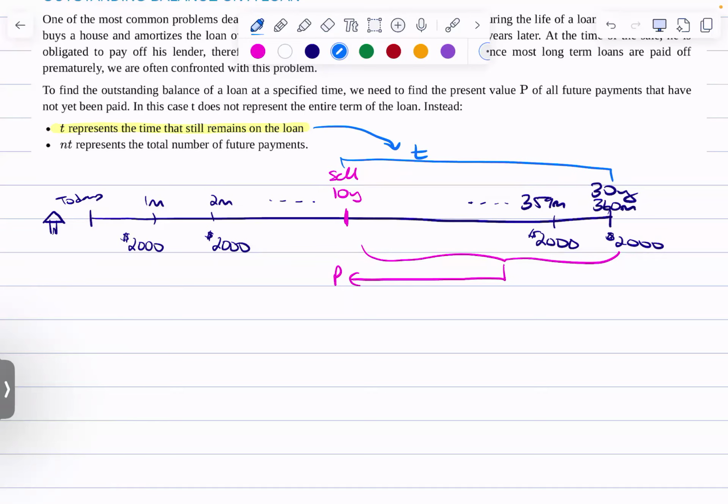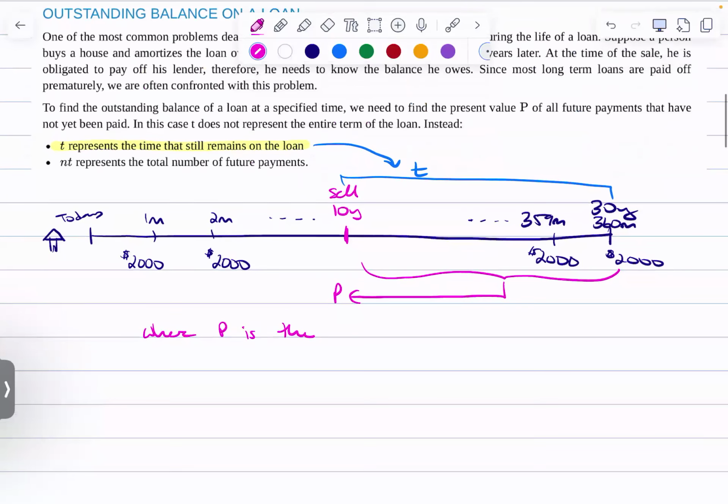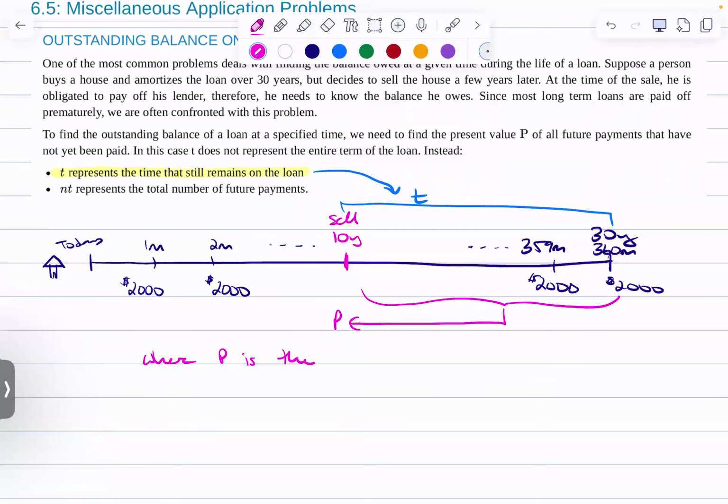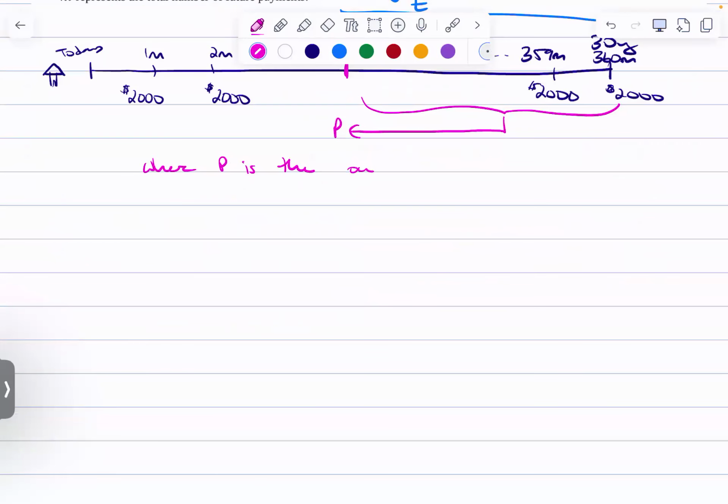So P is the amount, or the outstanding balance, that needs to be paid off.